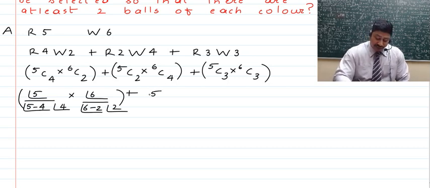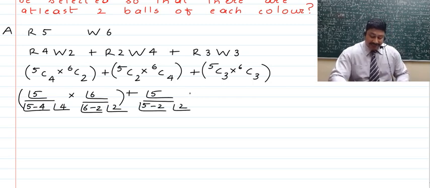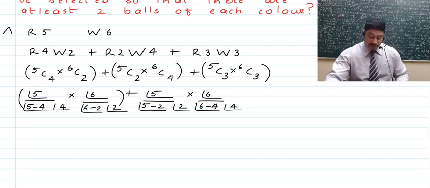And then we have factorial 5 divided by 5 minus 2 factorial times factorial 2, and then next we multiply this by factorial 6 divided by 6 minus 4 factorial, and then multiply this further in the denominator by factorial 4.